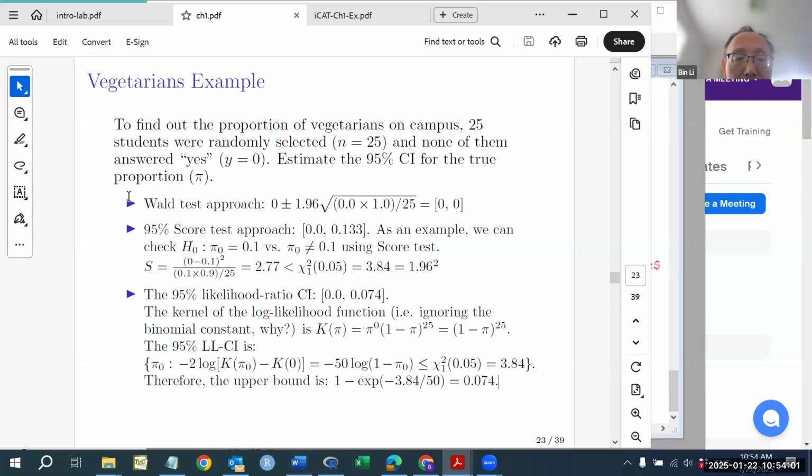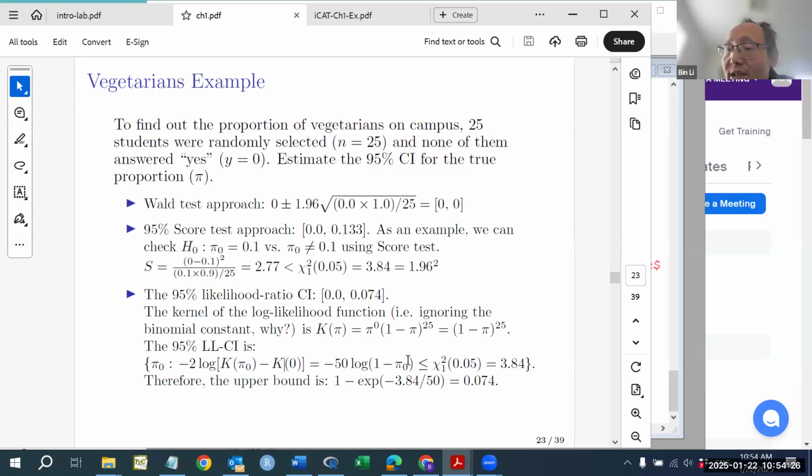And you may ask which one is better. Of course, the Wald test is the worst. It's not giving you an interval, it's giving you a point. That doesn't make sense, right? The score test and the likelihood ratio test both give you an interval. But which one is better?